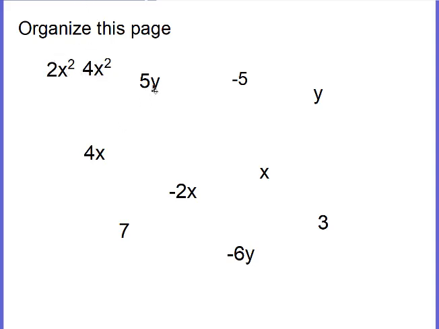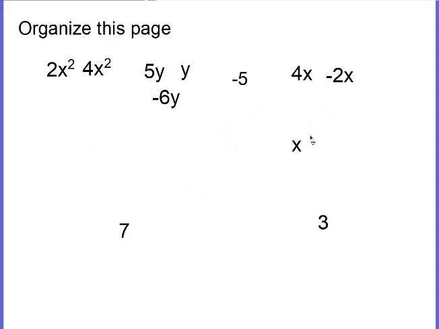I would take this 5y and this y and this negative 6y, and put all those together because they all have a common thing, a y. This 4x and this negative 2x and this x I'd put together because they all have an x. And then I would take the negative 5 and this 7 and this 3, and put all those together because none of them have variables, so they have a common thing.